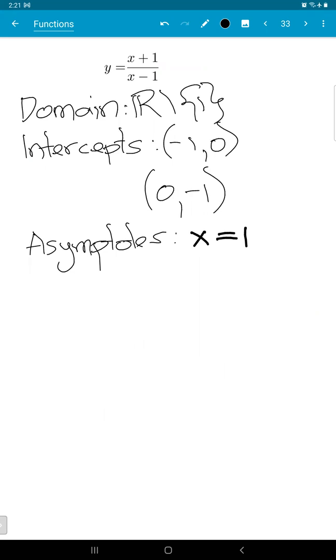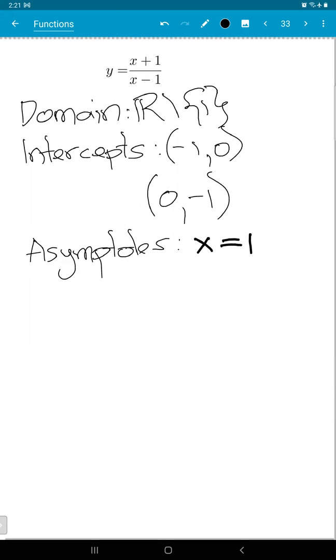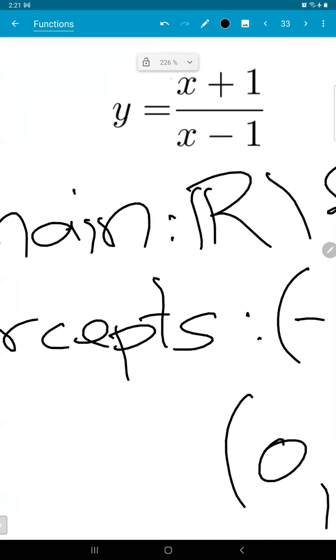Anyone? Sir, I think it's the leading coefficient of the numerator over the leading coefficient of the denominator. Yeah. Okay, 1, right. So you divide. What's the leading coefficient of the numerator? 1. And what's the leading coefficient of the denominator? 1.